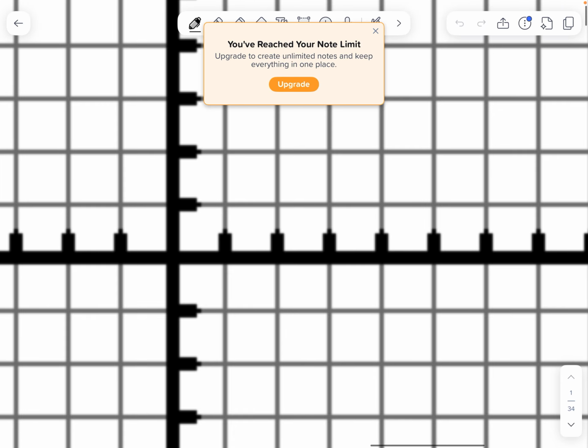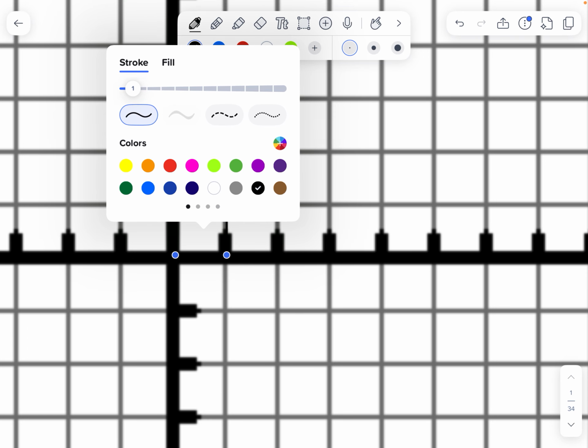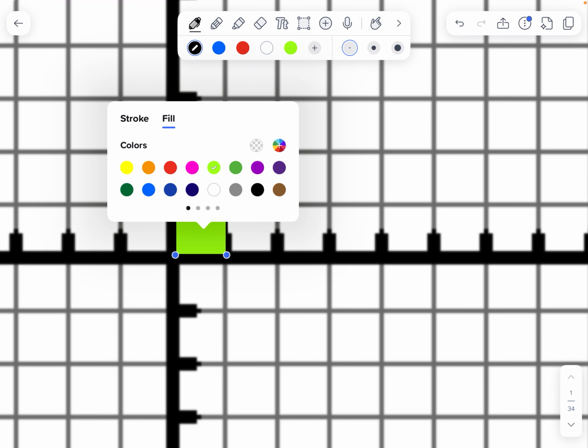So we have, I had to make this color coded.